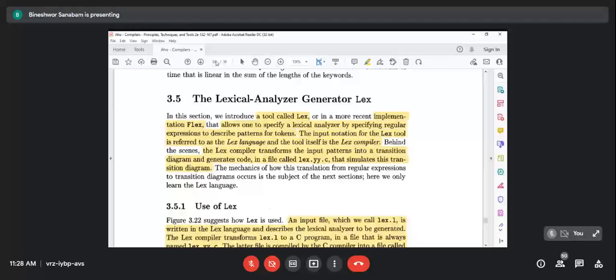For identification of tokens, as I mentioned before, we may use tools. Only reading one character at a time doesn't give the confirmation of a token. If you have just read less than, and there is an equal to character next, and we confirm that it is just less than, then it gives the wrong output.